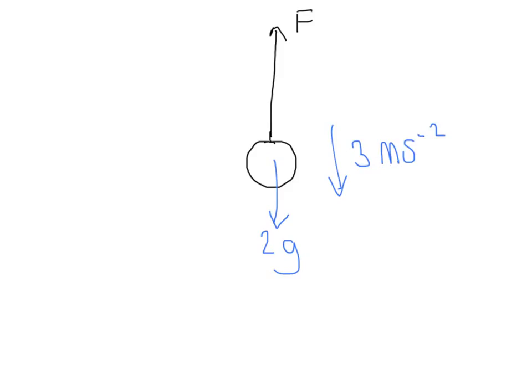Again, we've got a diagram. We're still supplying a force up, as you can see in the diagram. Obviously, this time we're accelerating downward. So again, using our friend Isaac Newton's equation, the resultant force on it is equal to mass times acceleration, because again, we're going to assume that the mass is constant, so we can simplify it to this.